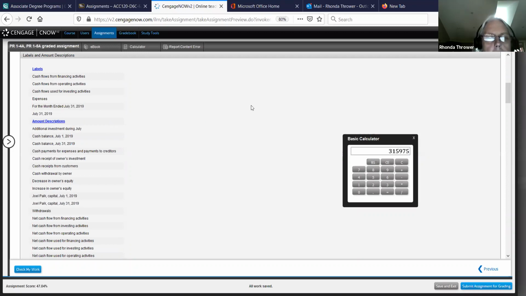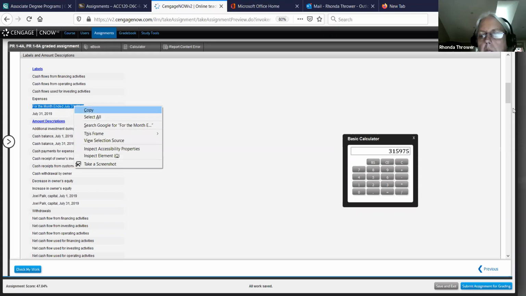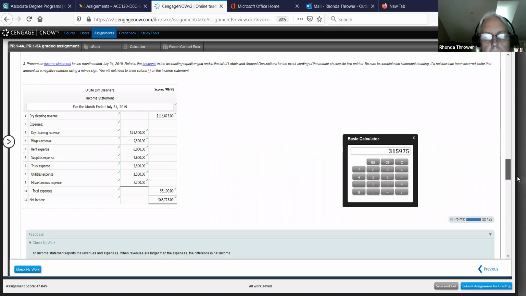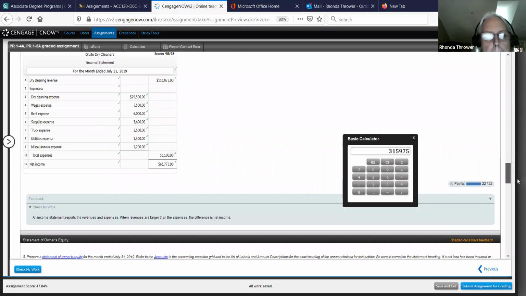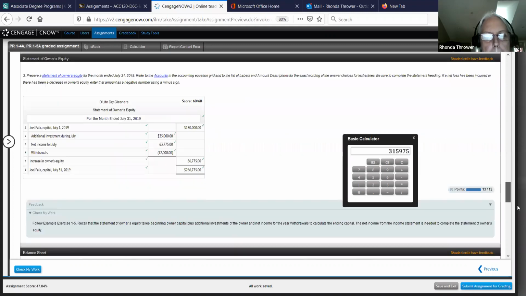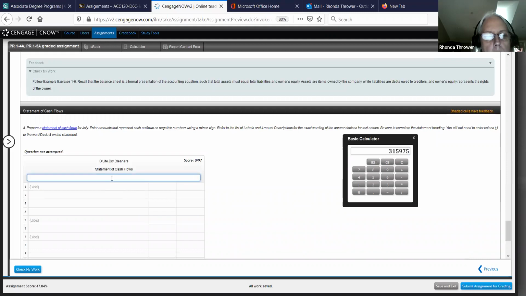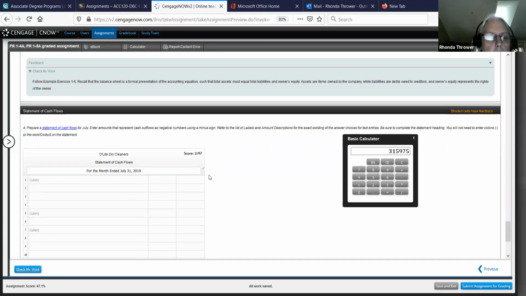And you have to pick up for the month ended July 31st, 2019. I'm going to copy that, and we're going to paste it as the line in the heading. And I just check my work just to make sure everything is okay.